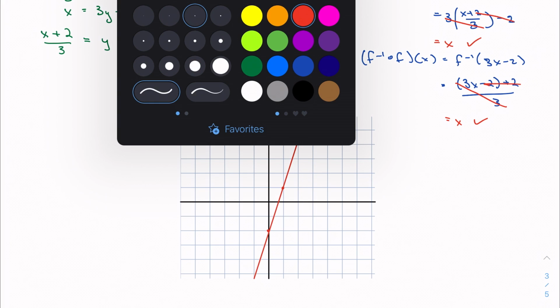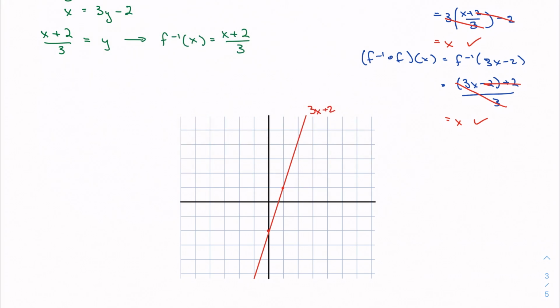And here's its inverse, that's 1/3 x plus 2/3 if we're trying to graph this. It's not going to snap, so we're going to just assume that that's a straight line, x plus 2 over 3. It's hard to see with a line. It's easier to see with other functions. But you might have noticed that there's actually some kind of a symmetry going on here.